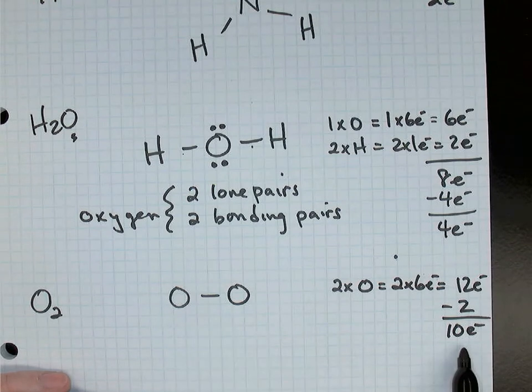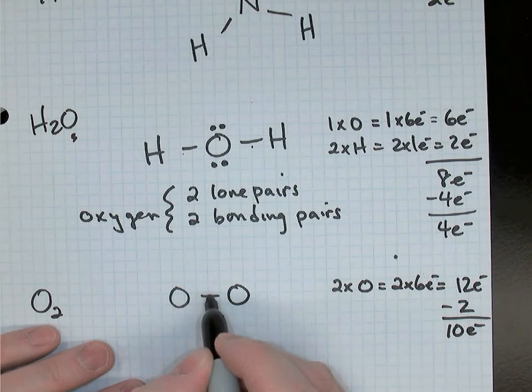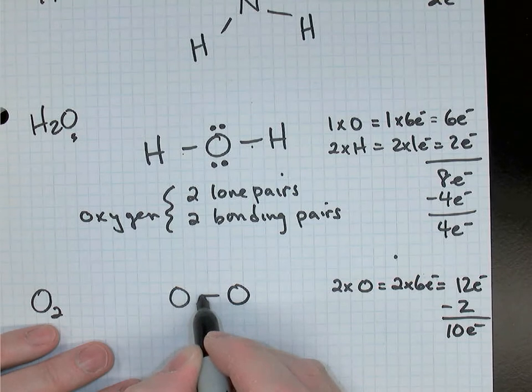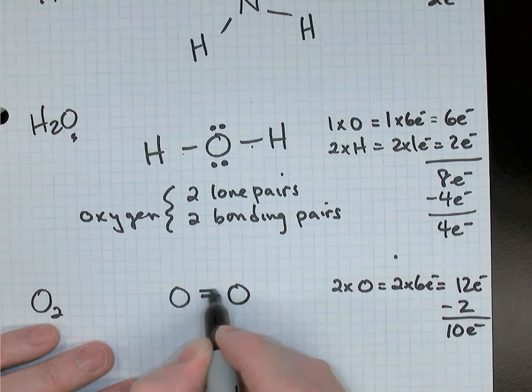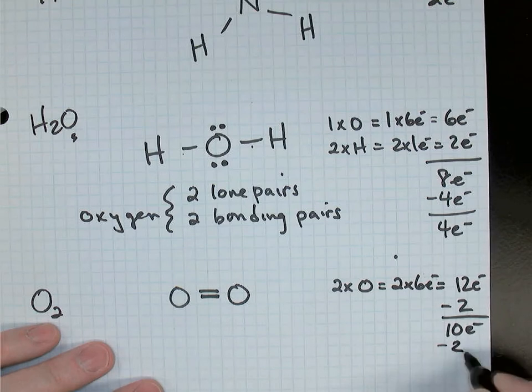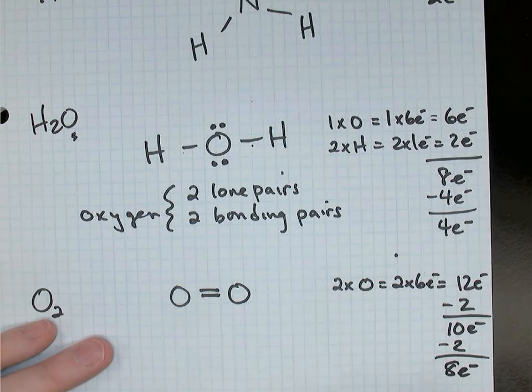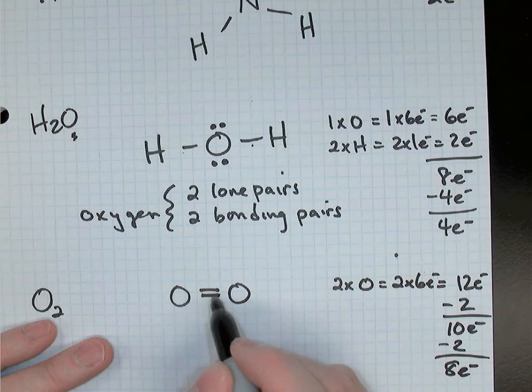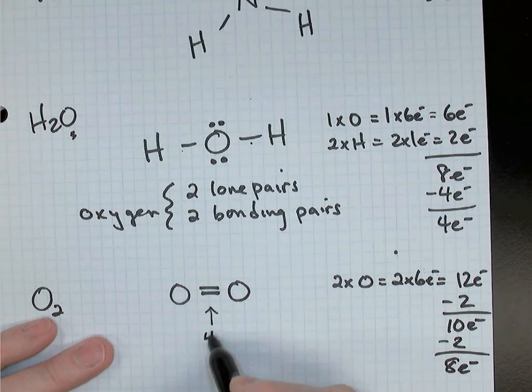If you need more electrons than you have, that's the sign in a Lewis diagram to start introducing higher order bonds. So instead of a single bond, let's try a double bond and see how that helps. So we're going to have to take away 2 more electrons. We have 8 electrons left. And now notice, because we have a double bond, that represents 4 electrons being shared.